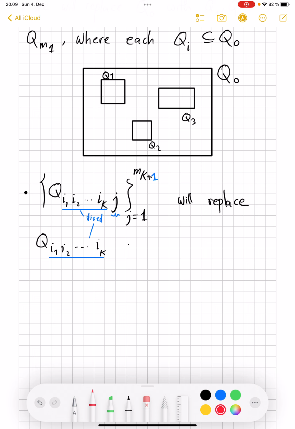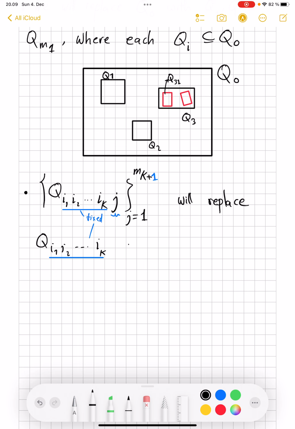So here, for example, this last picture actually is good because the sides are also not necessarily parallel to the coordinate axes or anything. So for example, we can say this is Q3 and the babies of Q3.